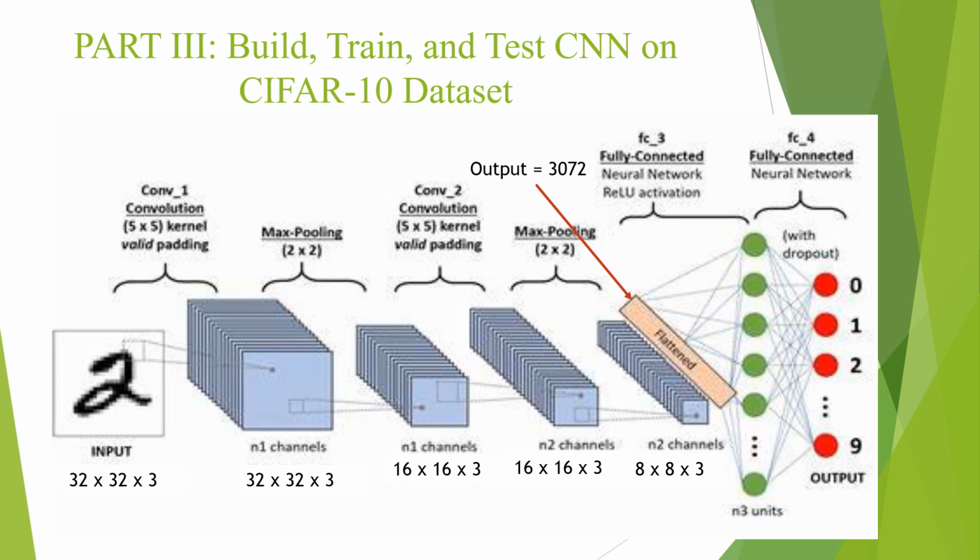Then before it goes into the fully connected network, it is flattened into a 1-dimensional, because before it was actually 4-dimensional. In this particular case, we've got an output of 3072 pixels, because it's 3-dimensional.